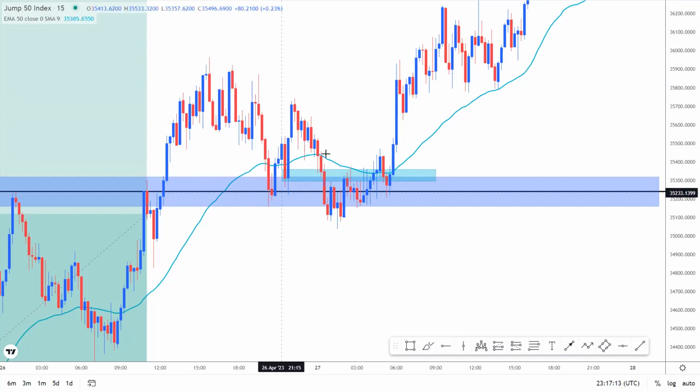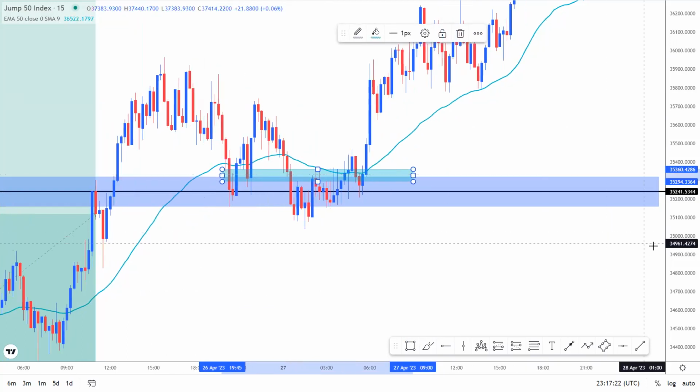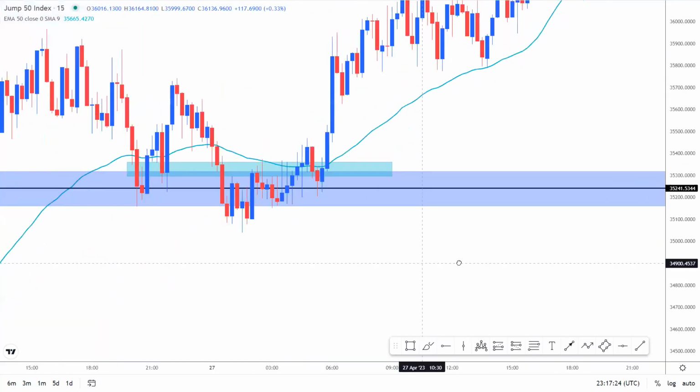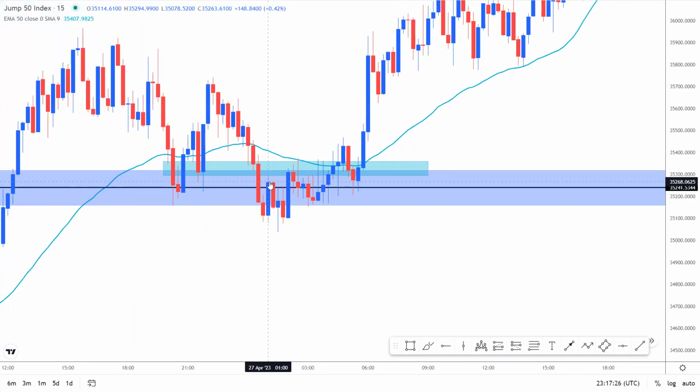So you can clearly see we had lots of price action, because this is the 15 minutes time frame. But then you can clearly see the last level right here. As you can see, previously this level was a support and then a resistance right here.